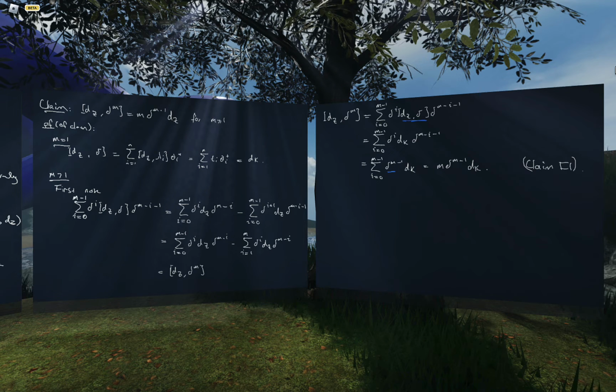Yeah, in the m equals 1 case, that's what dk is, right? So it has to be dk. And this all makes sense in that case, right? So I stated the claim wrong. So sorry about that.